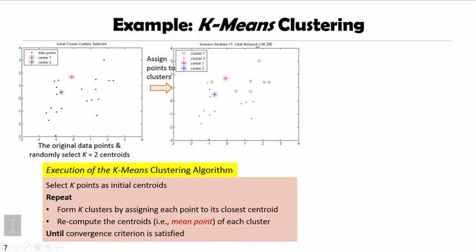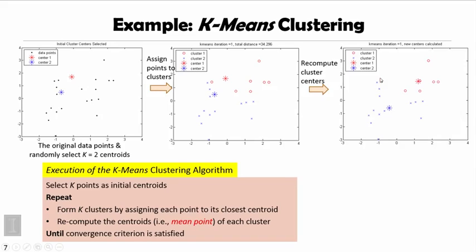Once we assign these to form 2 clusters, we need to recompute the centroids. You can see that when we recompute the red centroid, it moves down here, and the blue one is also moved. Once we recompute the centroids, we go back and reassign these points to their closest centroid.